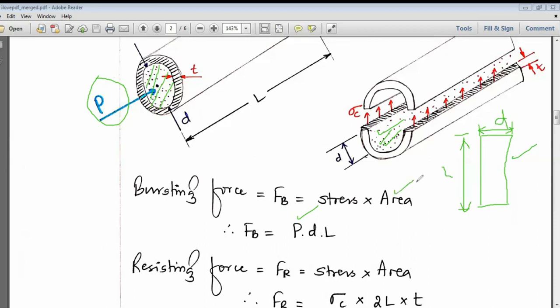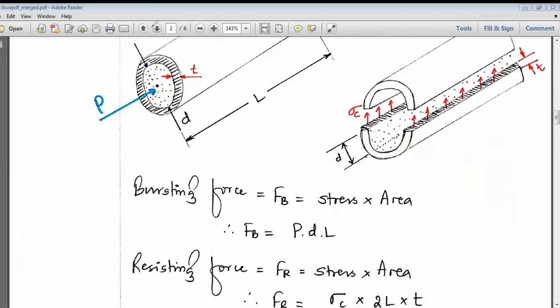For area, you take the projected area. The area of a rectangle is length into breadth. Here the length is L and the breadth is D, so D into L. Bursting force FB is equal to P into D into L.